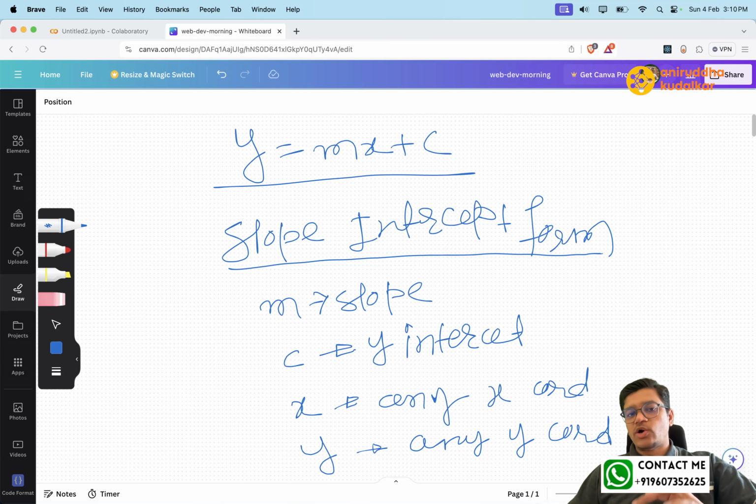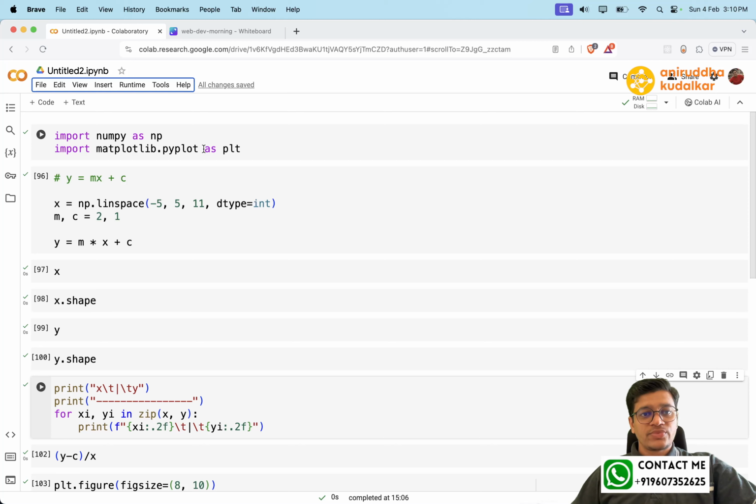There is a lot of mathematics behind it, but today we will try to understand this in terms of Python, right? This is used in machine learning. Whenever you need to extract features, you need to know the relationship between the features.